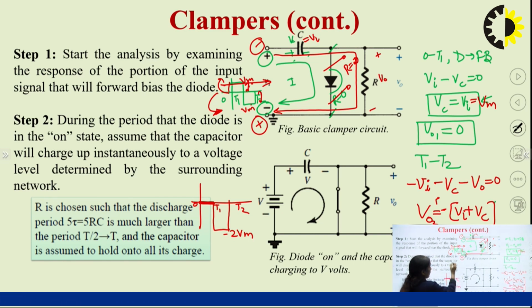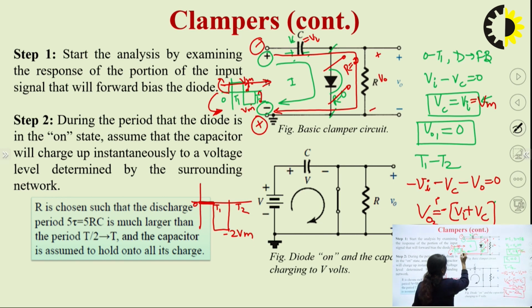Because my DC level has been shifted upward by an amount of Vc, because Vc is positive, and we know that DC level gets shifted by an amount of the capacitor voltage. So if the voltage is positive, DC level will shift upward, and if the capacitor voltage is negative, then it will shift downwards.